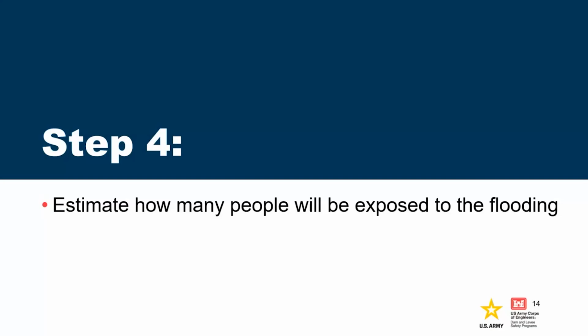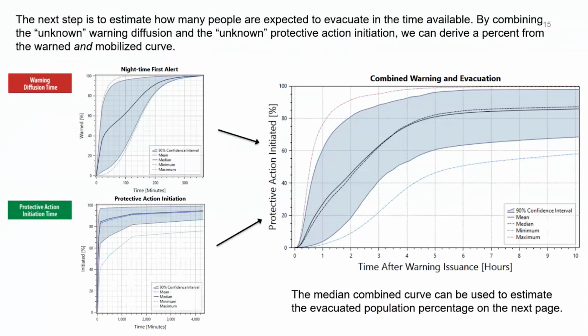All right. So how many people will be exposed to the flooding? The next step is to estimate how many people are expected to evacuate in the time available. By combining the unknown warning diffusion and the unknown protective action initiation, we can derive a percent from the warned and mobilized curve.